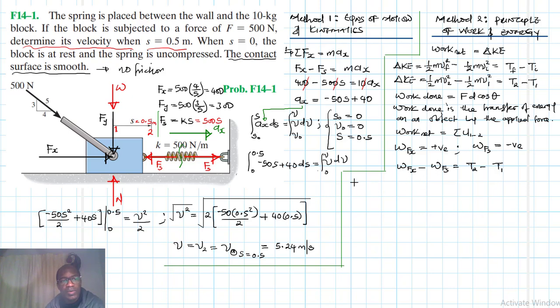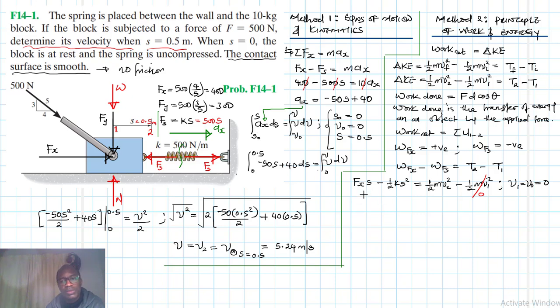So writing this, we'll have Fx times the displacement S minus work done by the spring, which is half K S squared, then this is just going to be equal to half M V2 squared minus half M V1 squared. But we know that V1 is just equal to V0, which is equal to 0, and therefore this part is 0.